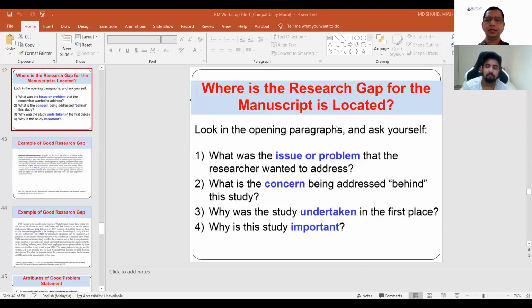So this is what I told you before the break: when you read the journal, you can look into the issues or problems researchers want to address. What are the concerns? What is the study undertaken, and why is it important, right?